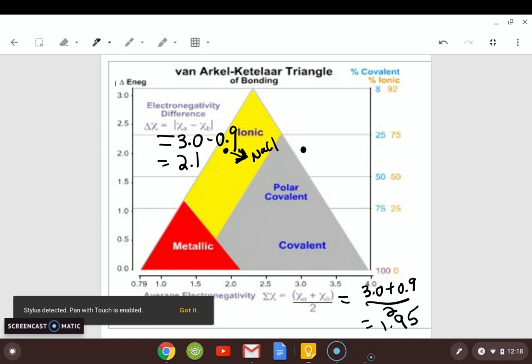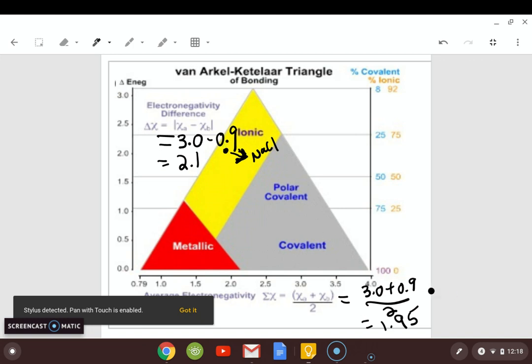I've just looked those up using my periodic table app on my phone, and I plug them into the two formulas. The difference in electronegativity between chlorine, whose is 3, and sodium, whose is 0.9, is 2.1. So it's a fairly large difference, which you can plot roughly around here on the triangle.